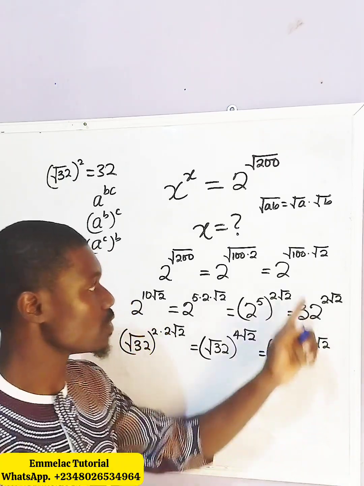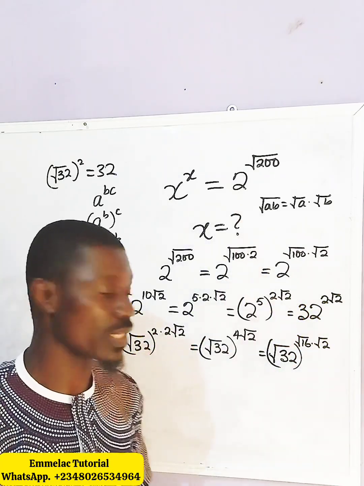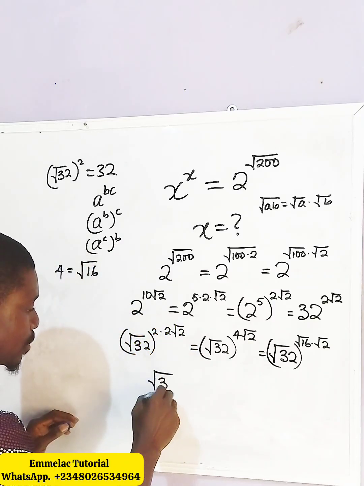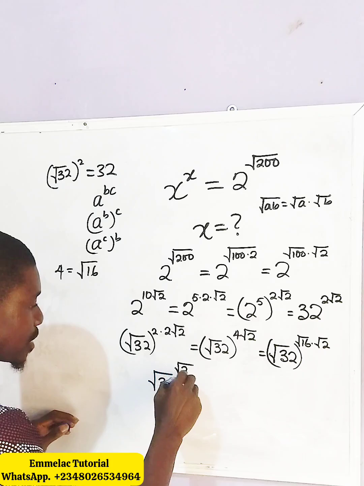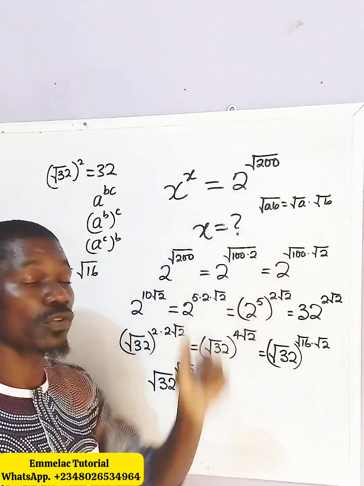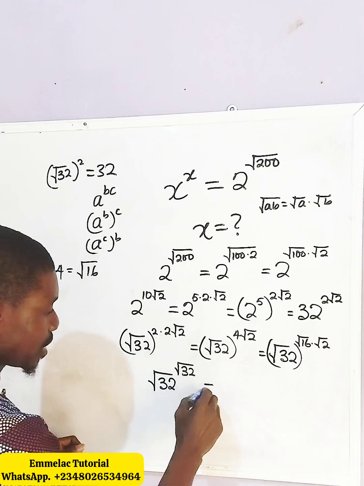Now 16 times 2, according to this law, will give us 32. So here we have the square root of 32 raised to the power of the square root of 32. Now we've achieved what we are looking for from the right hand side.